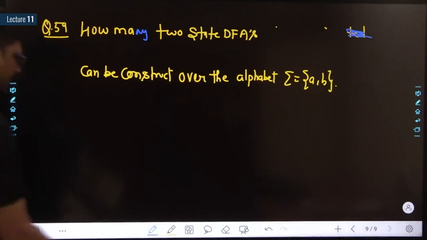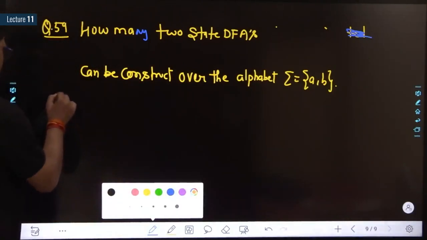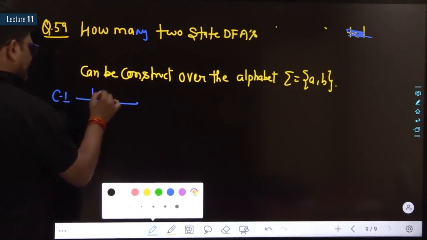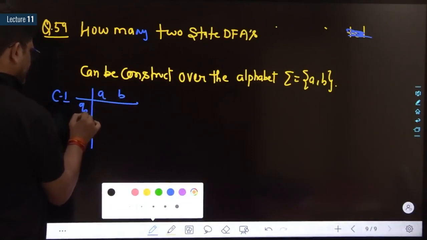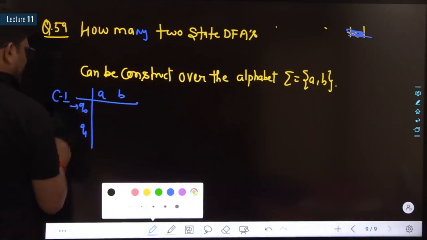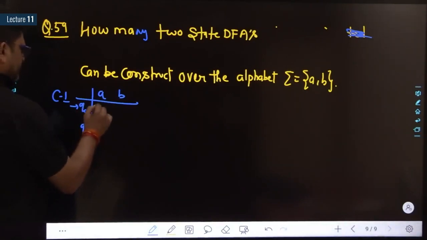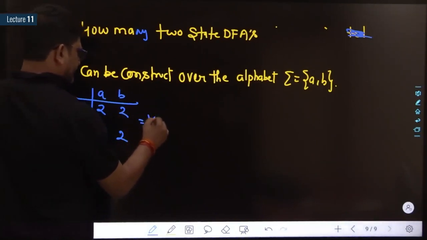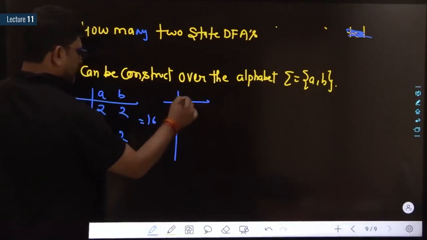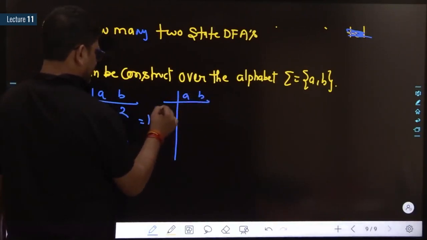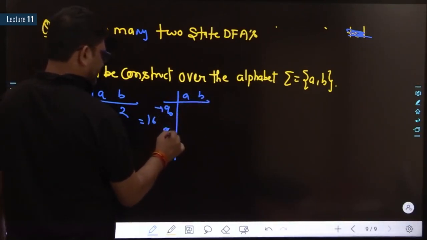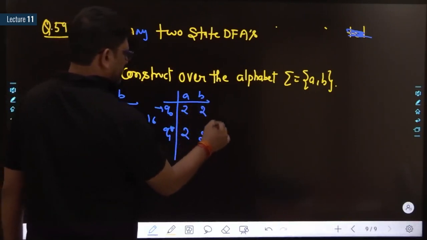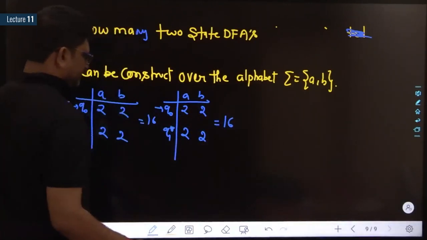Check. Here is case 1, A and B. Q0 is the initial state, then there are 16 DFAs. Case 2, A, B, Q1 is the final, 2, 2, 2, 2. There are also 16.